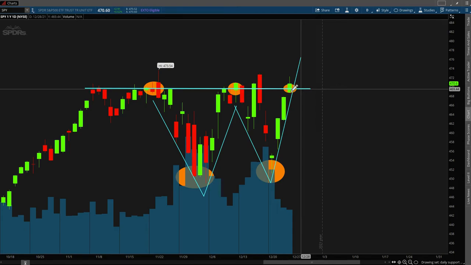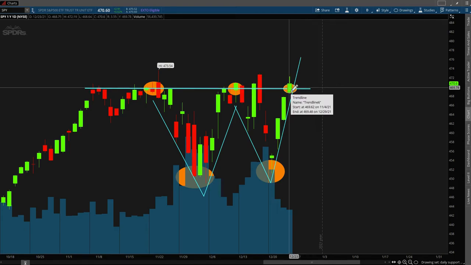So look, as we can conclude, this green candlestick, the last day candlestick on Friday, December 24th, I think, actually broke above the resistance line. And when a pattern breaks out, almost always it's going to continue up in the direction of the known pattern direction.